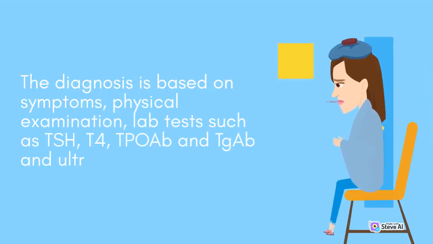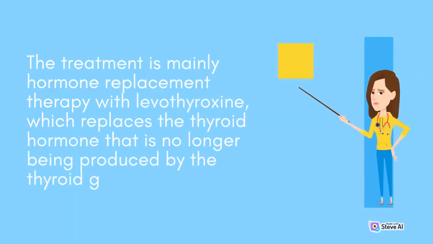The diagnosis is based on symptoms, physical examination, lab tests such as TSH, T4, TPOAb and TgAb, and ultrasound. The treatment is mainly hormone replacement therapy with levothyroxine, which replaces the thyroid hormone that is no longer being produced by the thyroid gland.